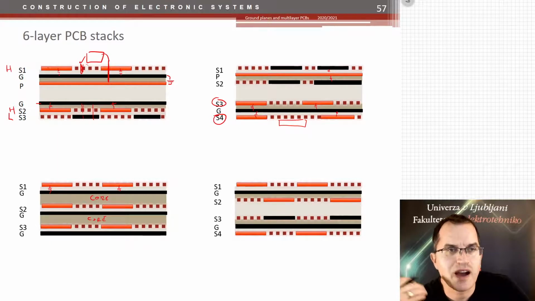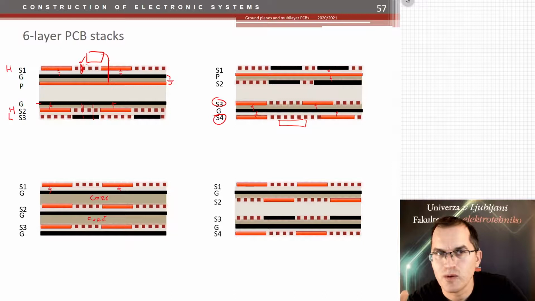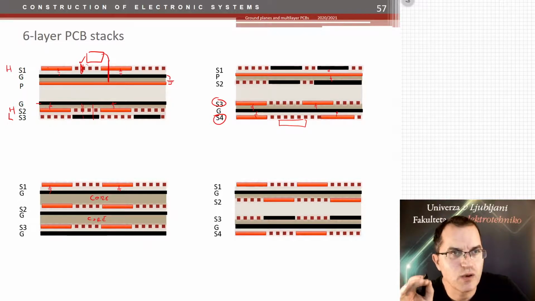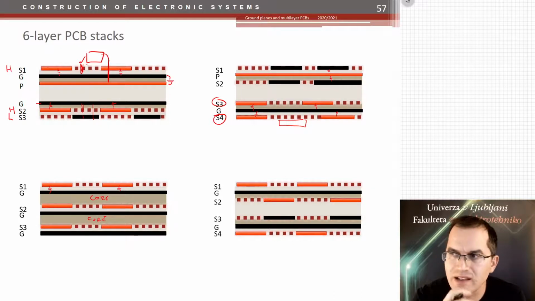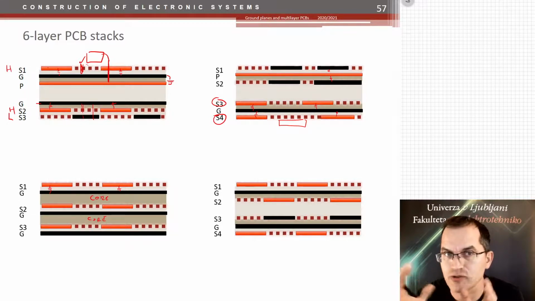If you require a high density of tracks, you have to go with more signal layers, but never avoid ground planes. So to summarize here, I would say use at least 2 ground planes, at least 2. All the rest can be a combination of tracks and power planes.